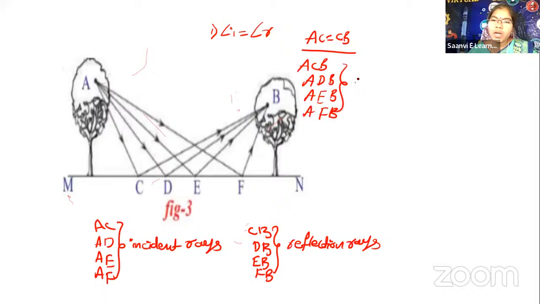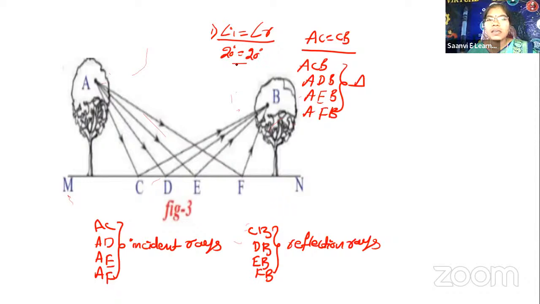So in all these triangles, we have to take the one where the law of reflection holds, which is the correct path. For example, if the angle of incidence is 20 degrees, the same 20 degrees we have to take in the angle of reflection.